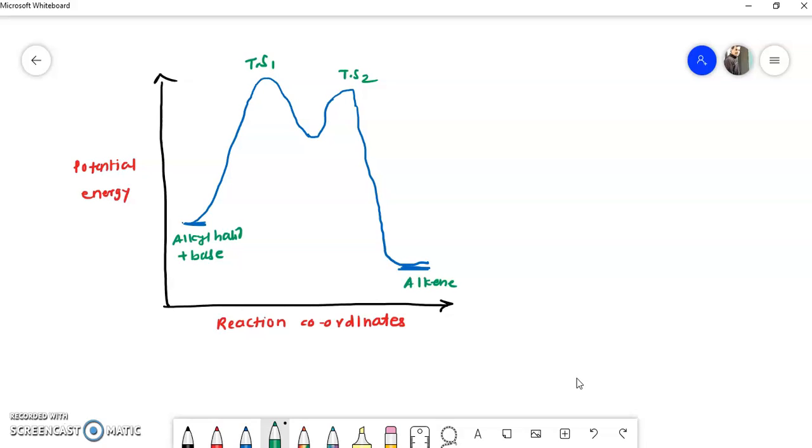Now you know that the energy required to reach the transition state is called the energy of activation. Again this will be the second energy of activation, and the difference of energy between product and reactant is called delta H, that is the heat of reaction. So this is the energy profile diagram.